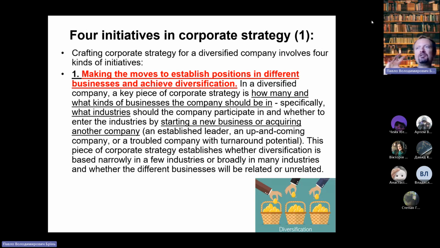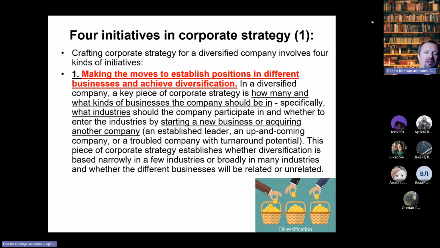So what must be presented in corporate strategy? The first piece is how to achieve diversification. Actually, we will speak about it in the next subject, management of organization. However, it's quite easy to understand that the main driving force for diversification is how to decrease the risks.